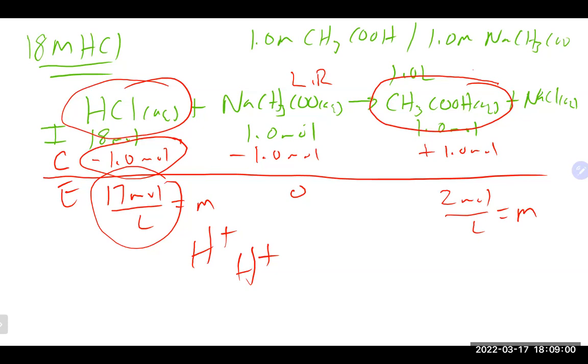In real life, I made a lot of buffers, and they never end up exactly where they're supposed to be, and you typically do need to do a little bit of adjustment. Because it's a buffer, you're able to add acid and base without those big jumps in pH. So you can very slowly either raise the pH if you needed to, or lower the pH and really dial it into the pH that you need. Other questions on that? Okay.